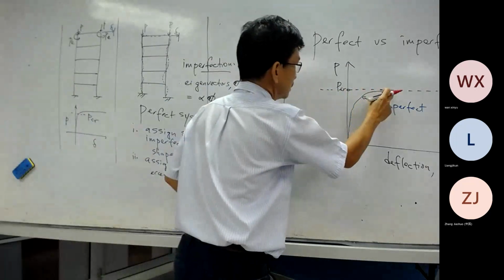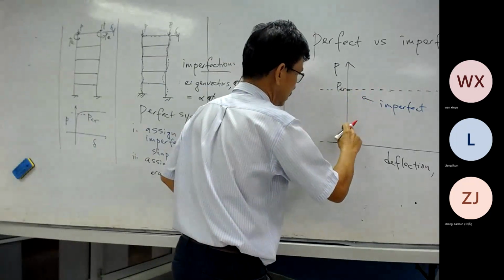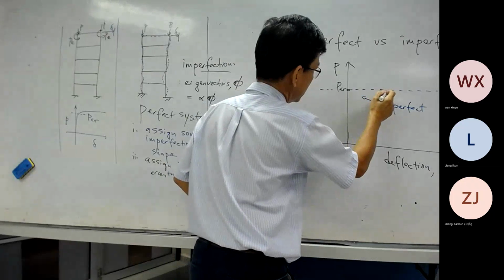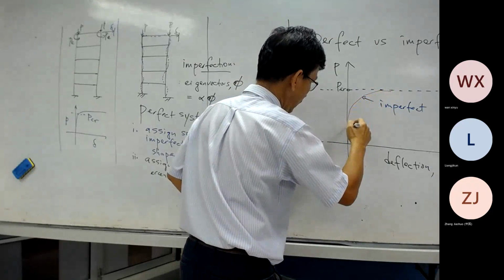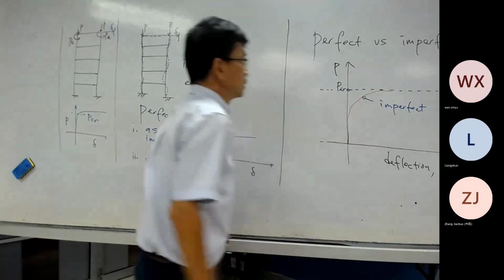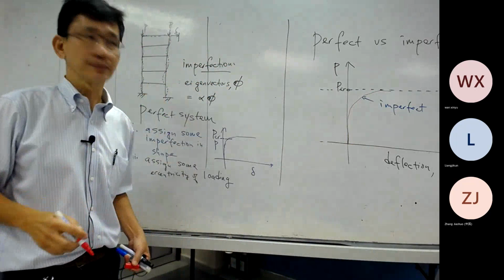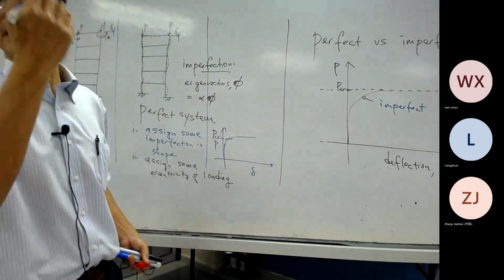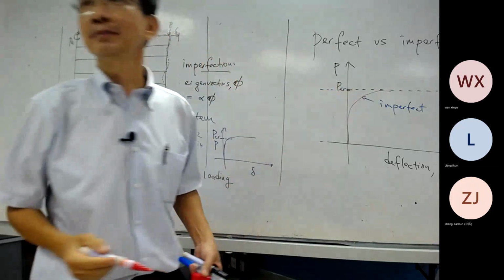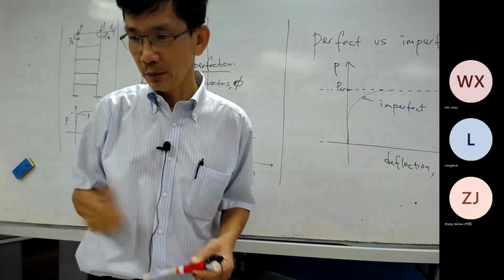This is imperfect here. I use a different color here, imperfect. Using the same graph, if it is a perfect one, where is this line?